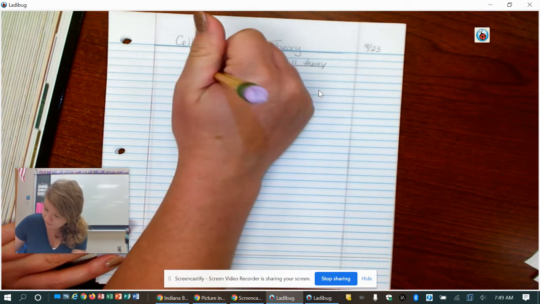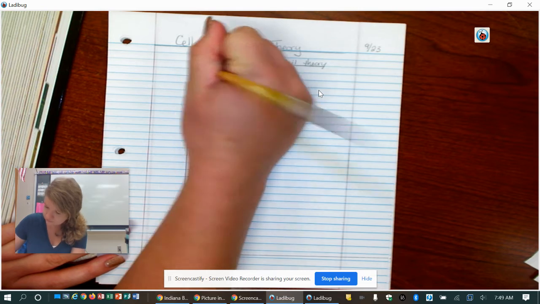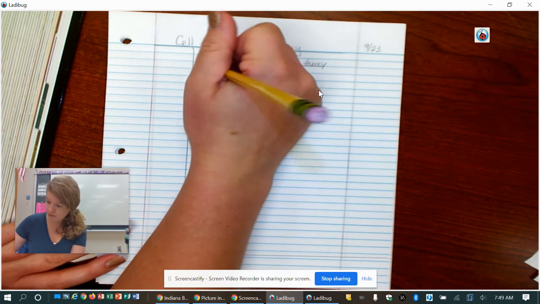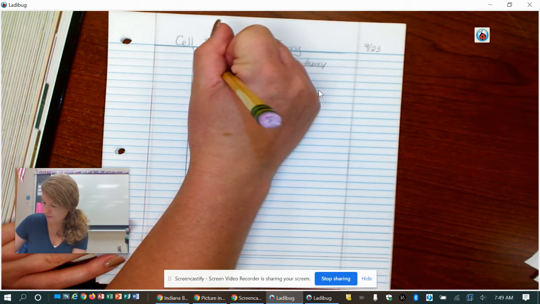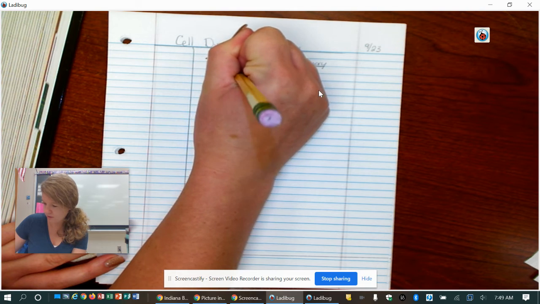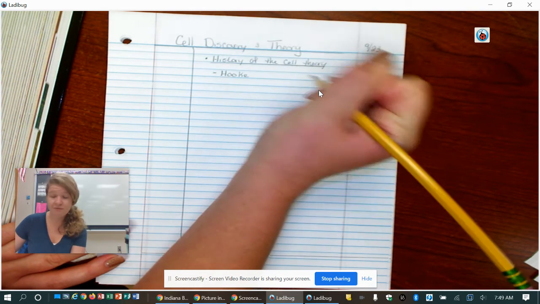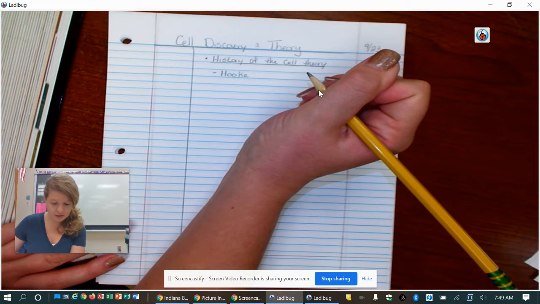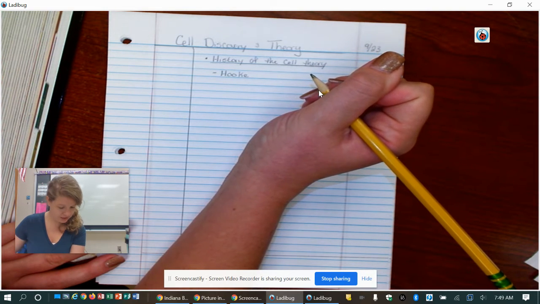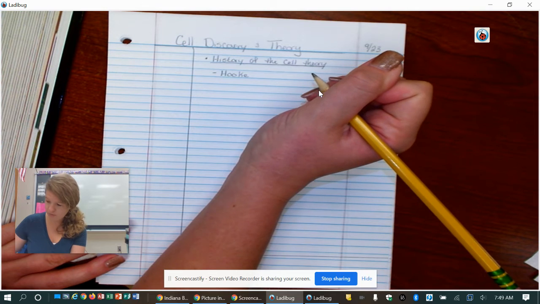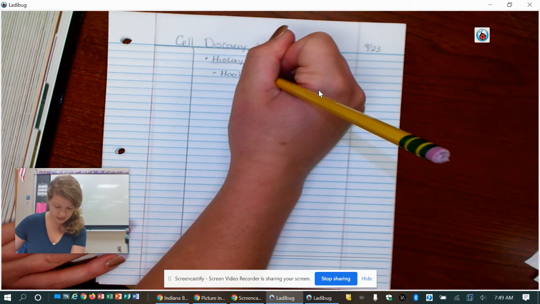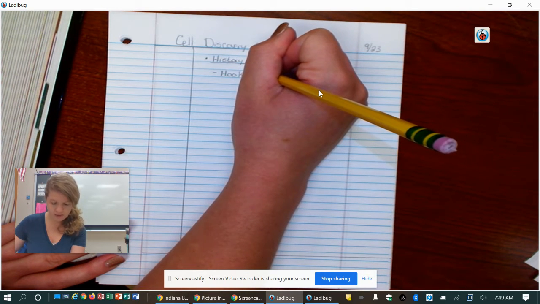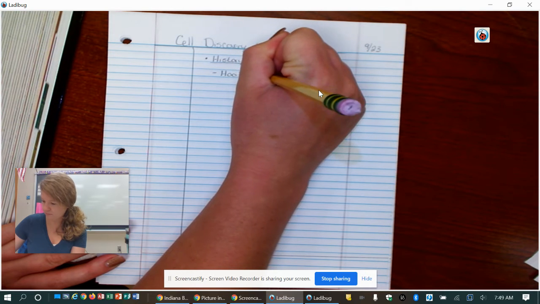So right away, I'm going to make another list. I know that we are dealing with Robert Hooke, but I'm just going to break it down even further. I'm just going to write his last name, and I know that he observed cork, and he actually made a simple microscope.